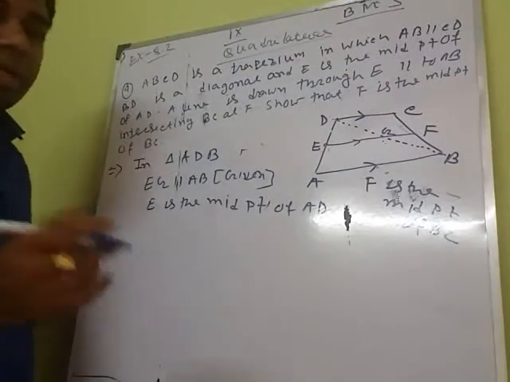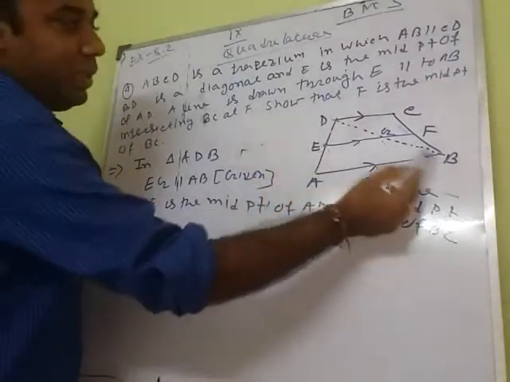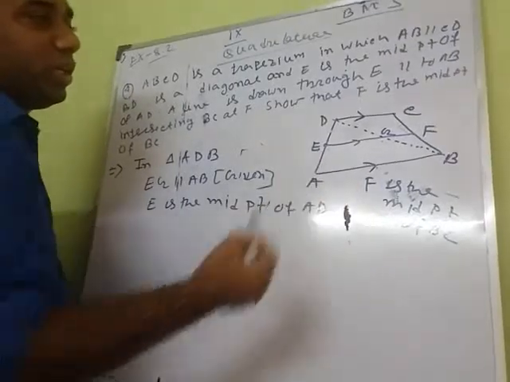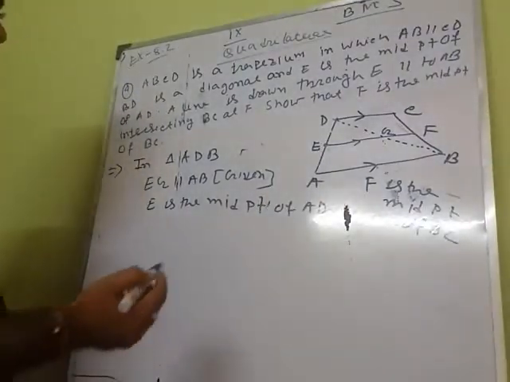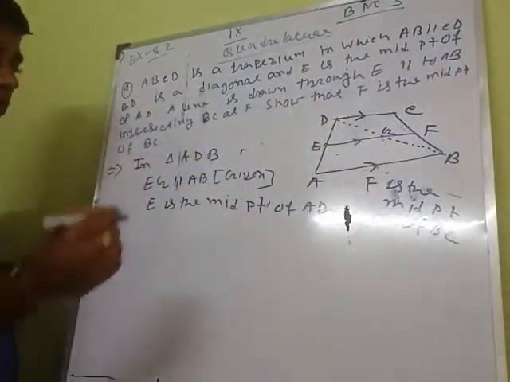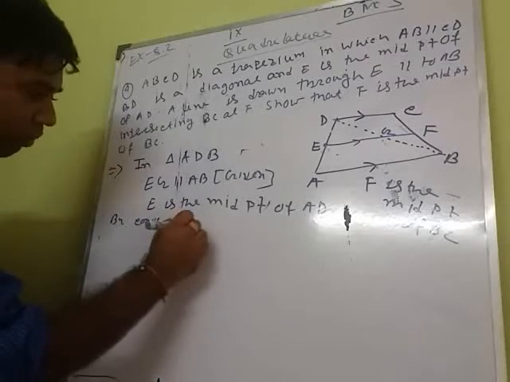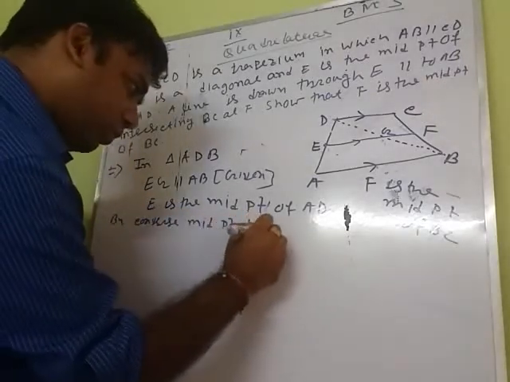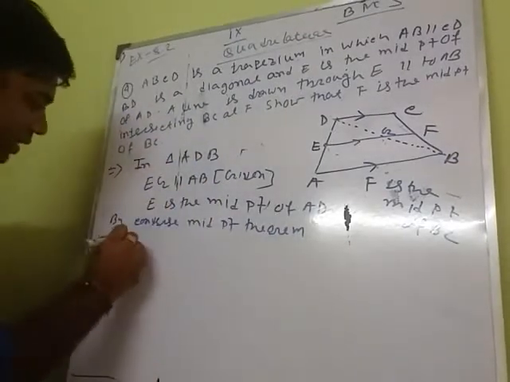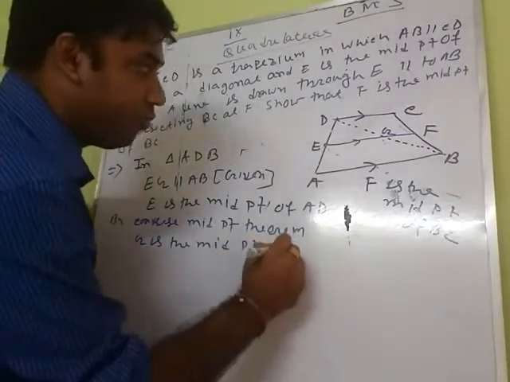So what can you say by the converse of the midpoint theorem? In a triangle, a line through the midpoint of one side parallel to the third side intersects the other side at its midpoint. Then that line intersects BD at G, so by the converse midpoint theorem, you can say that G is the midpoint of BD.